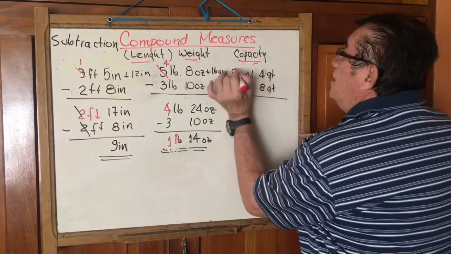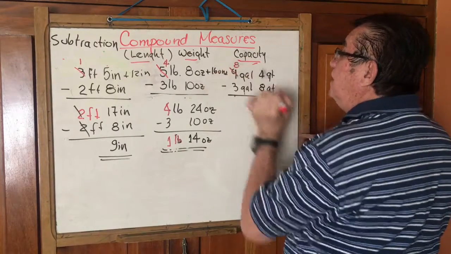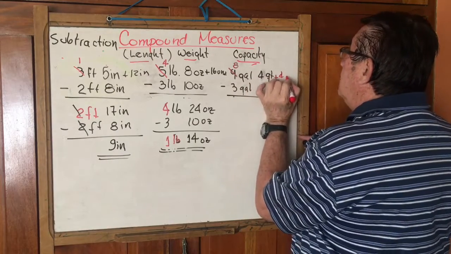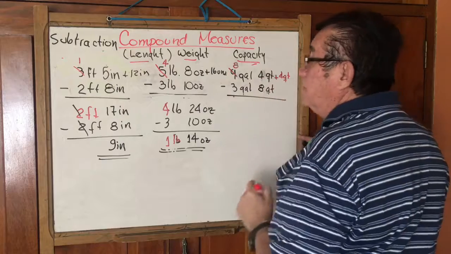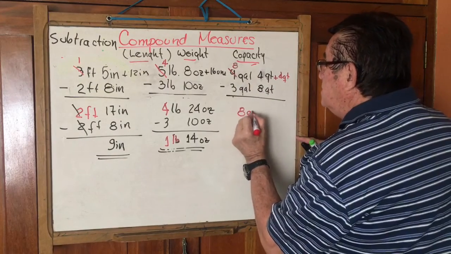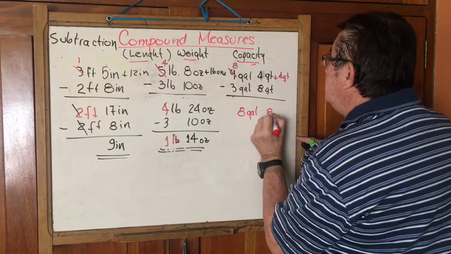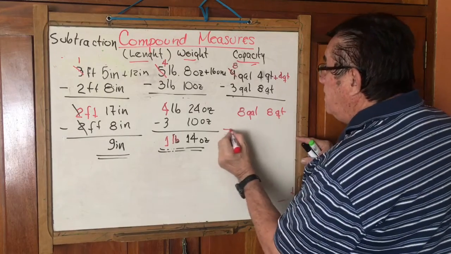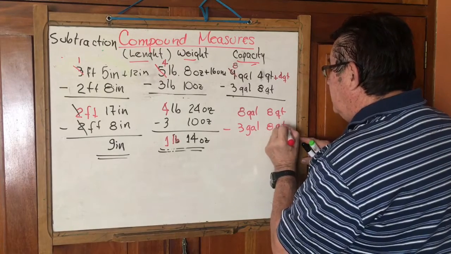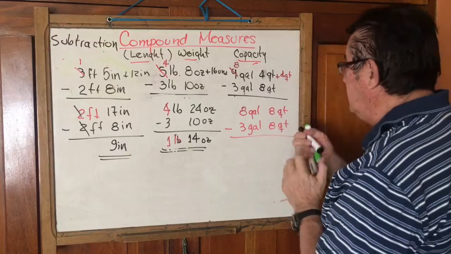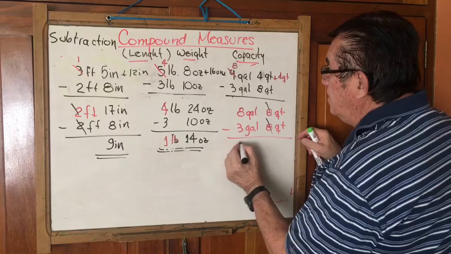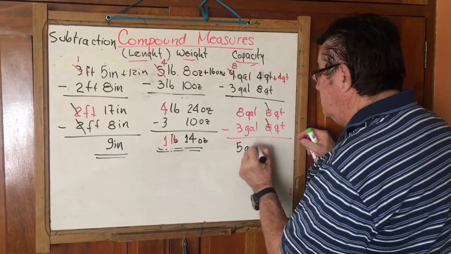Okay, now I have to borrow here, so this becomes 8. I have to add 4 quarts, because every gallon has 4 quarts. That means that I will have 8 gallons to add to 8 quarts. But I have to subtract from here, and guess what? Very interestingly, this will be cancelled out. So I will only have 3 gallons.